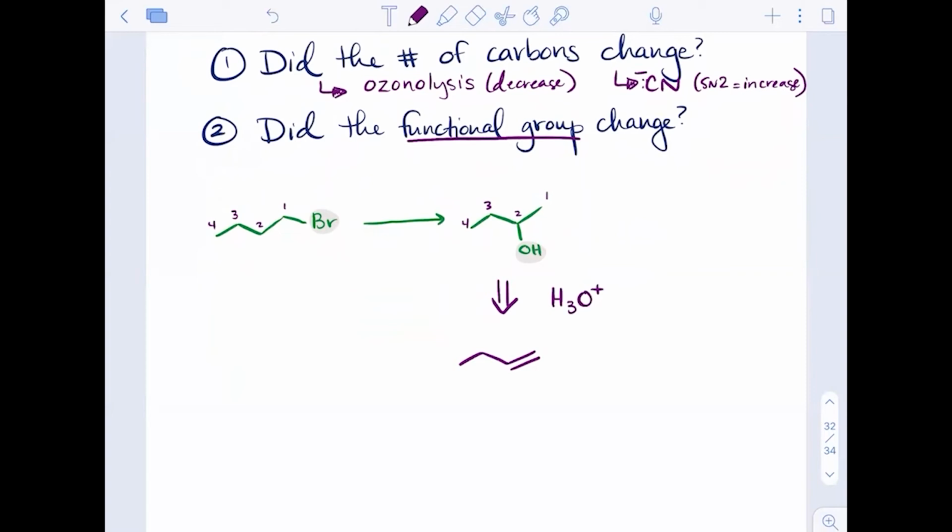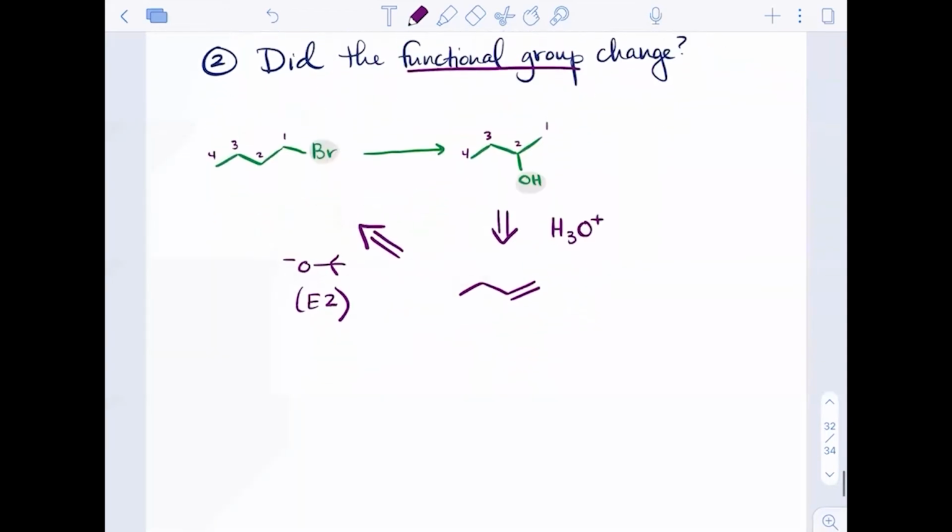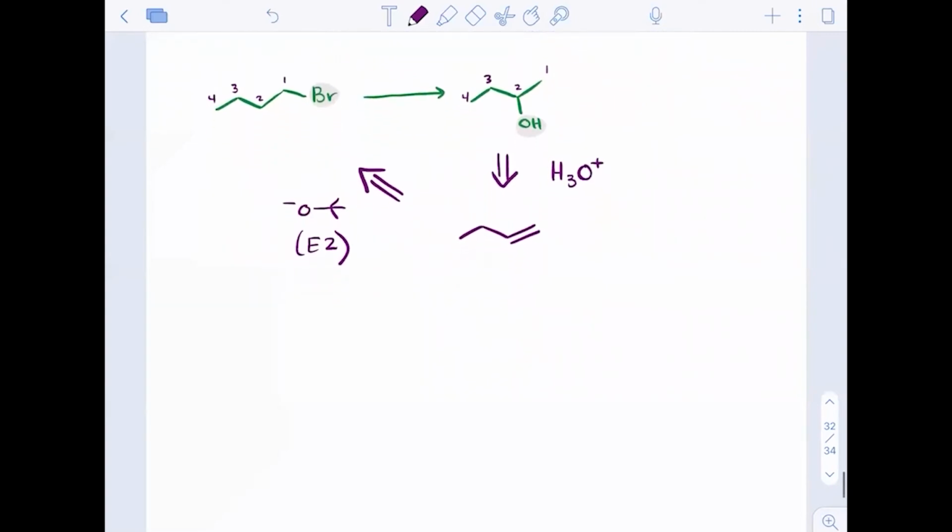Acid catalyzed hydration. Well, okay, how do I make an alkene? I can make it from an alkyl halide via an E2 reaction. All of these notes are really helpful for us to be able to identify and link the reactant to the product. So I did some notes on some retrosynthetic action.